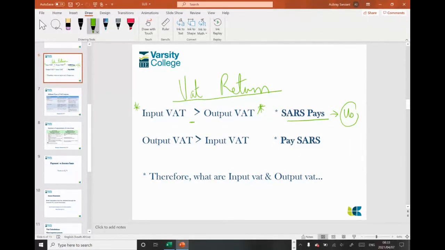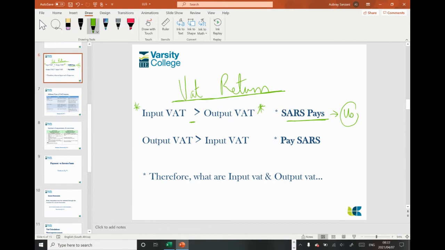I'll repeat that. Remember we said the VAT return is a summary of how much input VAT and output VAT the business has had during a specific period. If the input VAT, what SARS owes us, is greater than the output VAT, what we owe them, then SARS pays us.